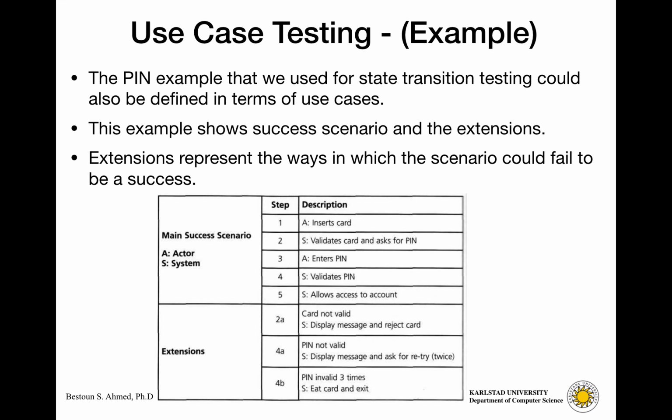The action will be the S, which is the system response to my step. So I will insert the card, and then the system will validate the card and ask for the pin. And then as an actor, I will enter the pin again. And then the system will validate, and so on.